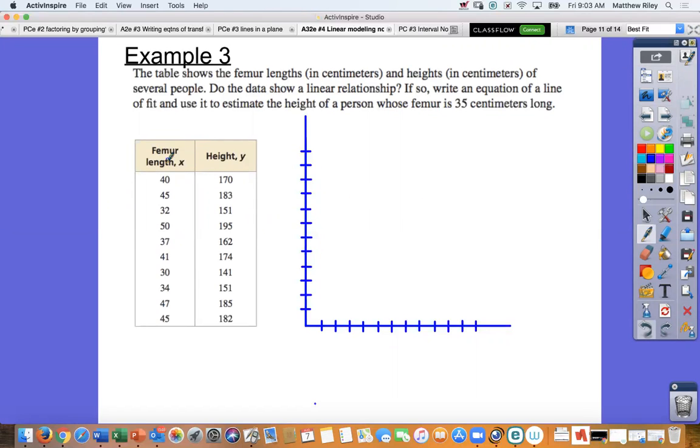Now it says right here, your femur length is X, your height is Y. We know that this is the X axis and this is the Y axis. Again, I drew this by hand, so these tick marks might not be exactly even. But my X are going to be femur length. And my Y is going to be height.